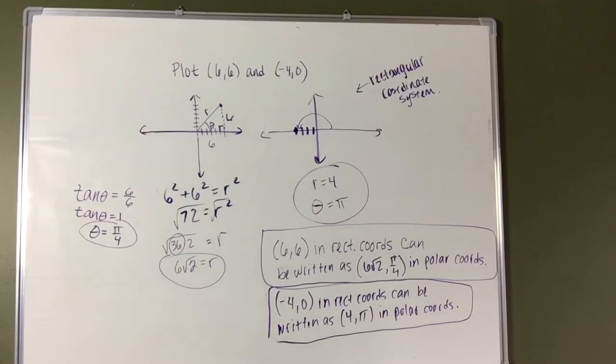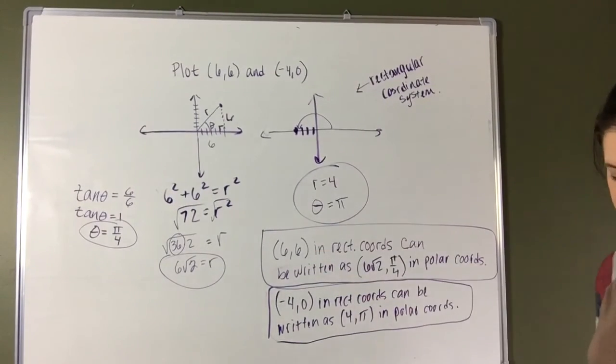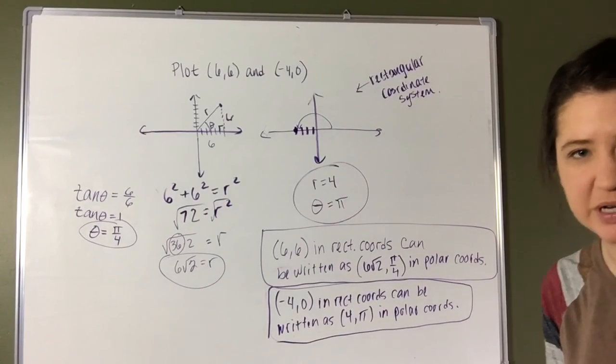And it turns out actually that this isn't the only way that you could write these points in polar coordinates, but we'll explore that concept a little further when we go into the next part of the notes. Okay, I think I'll stop there for this section, and then we'll pick up in a new video.